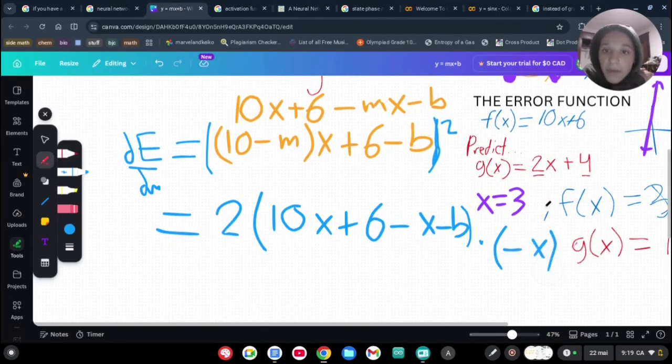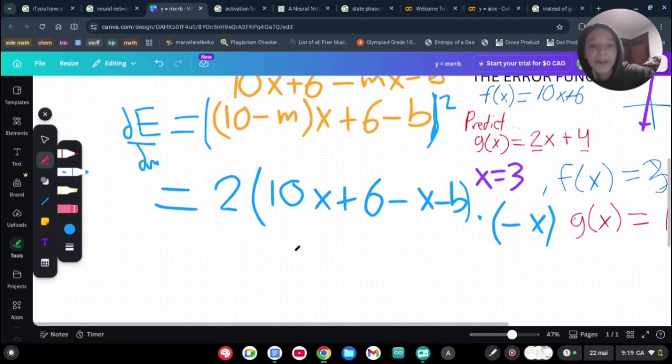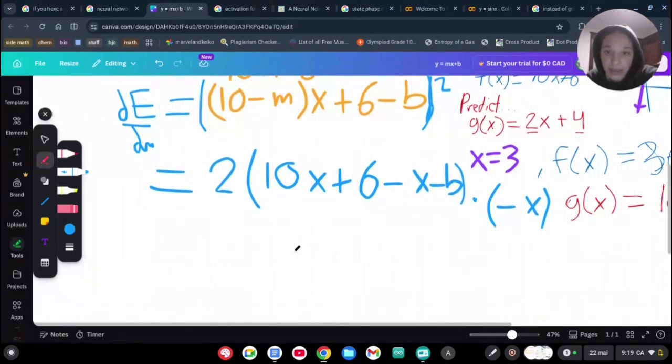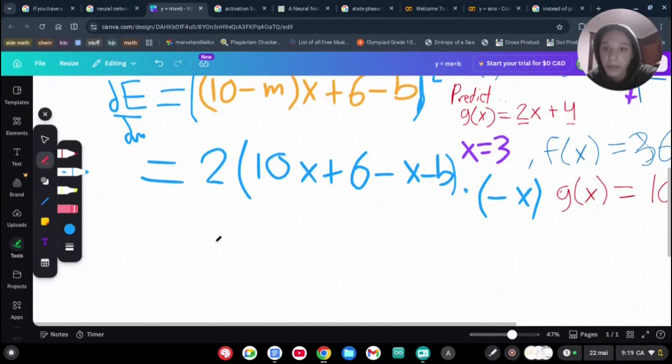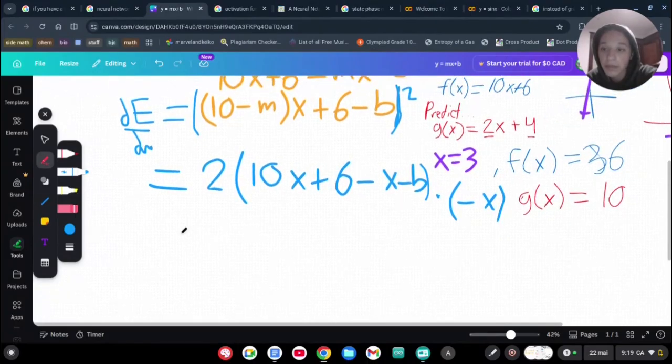That's the derivative of minus mx. Okay. And now this is something we can set to 0.